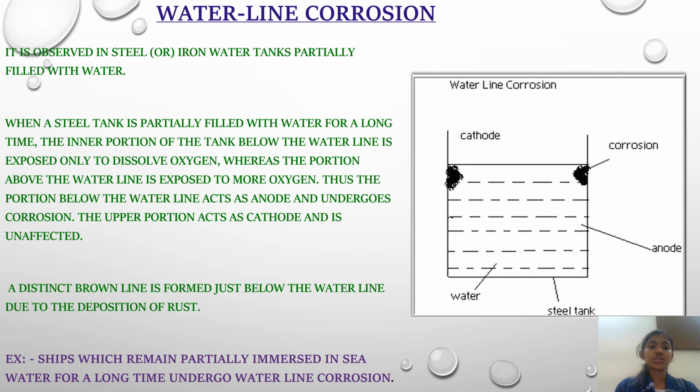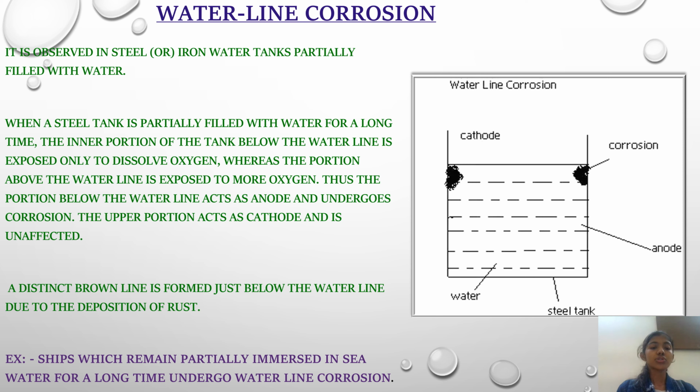Waterline corrosion. It is observed in steel or iron water tanks partially filled with water. When a steel tank is partially filled with water for a long time, then the inner portion of the tank below the waterline is exposed only to dissolved oxygen, whereas the portion above the waterline is exposed to more oxygen.